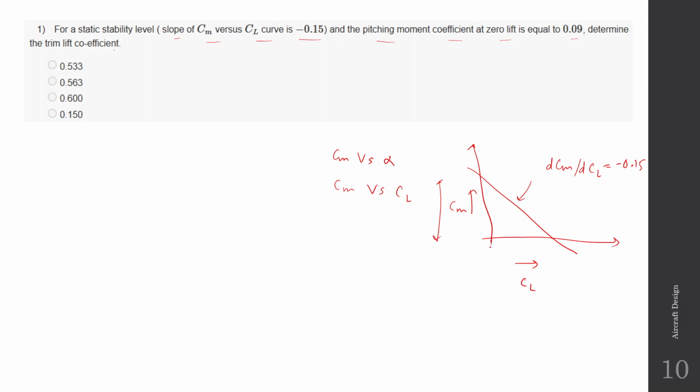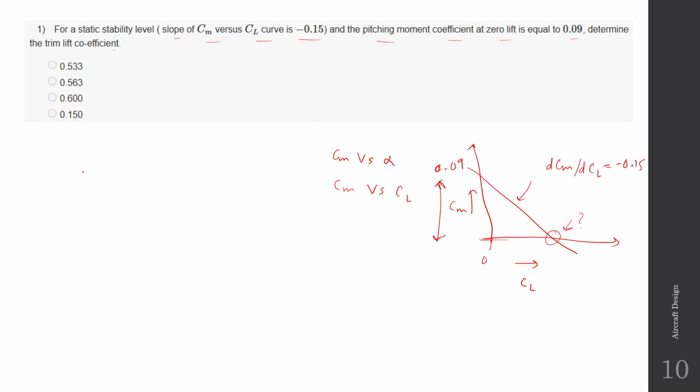Zero lift means that CL is zero, so this quantity is 0.09, and we have to determine the trim lift coefficient. The trim lift coefficient is the lift coefficient where the CM is 0. Moment coefficient is 0 along this line, right? So what is this value that we have to find?